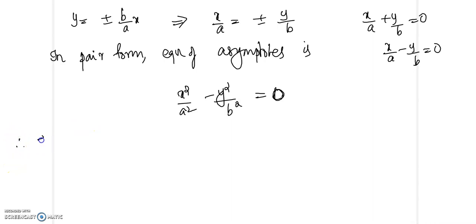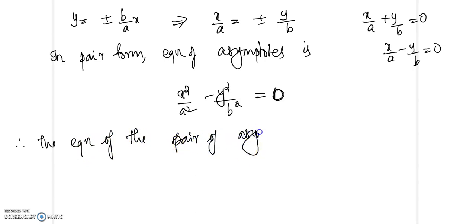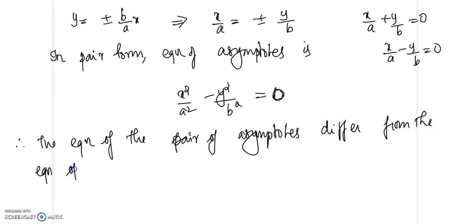Therefore the equation of the pair of asymptotes differs from the equation of the hyperbola by a constant only.